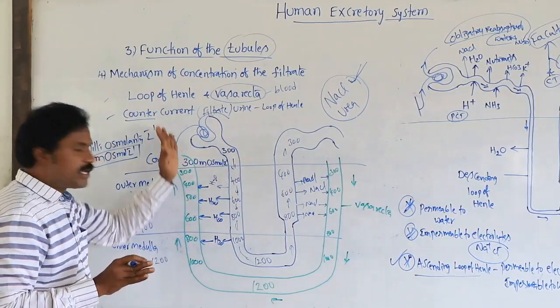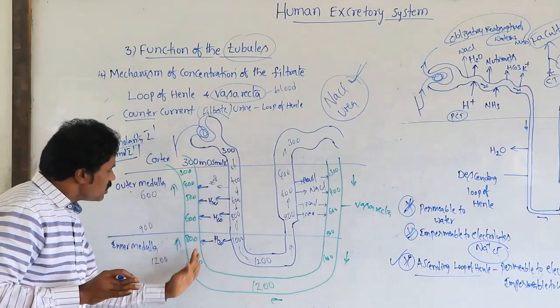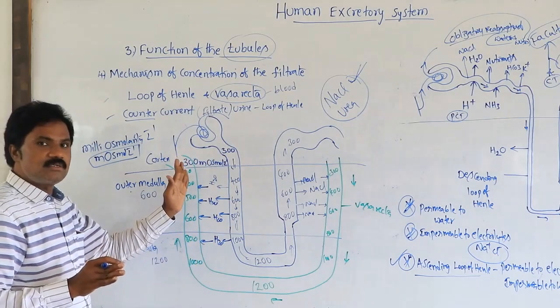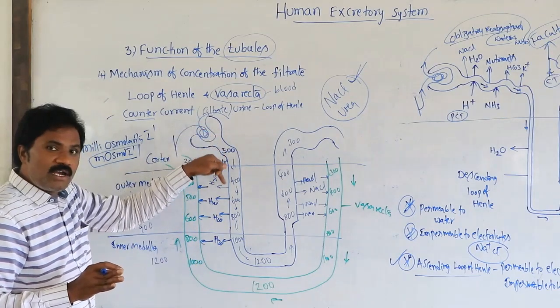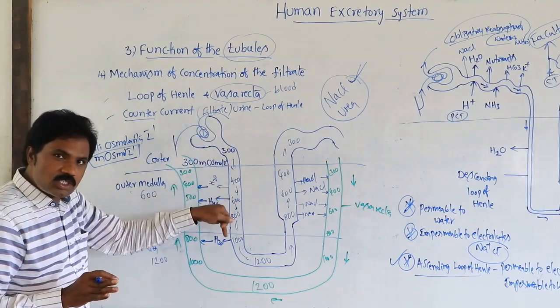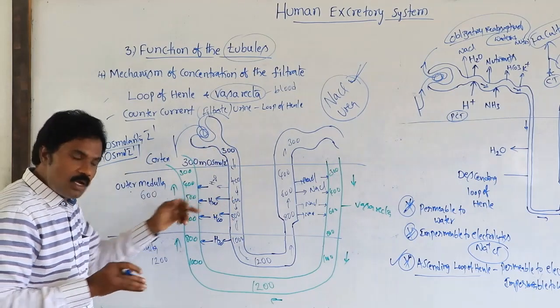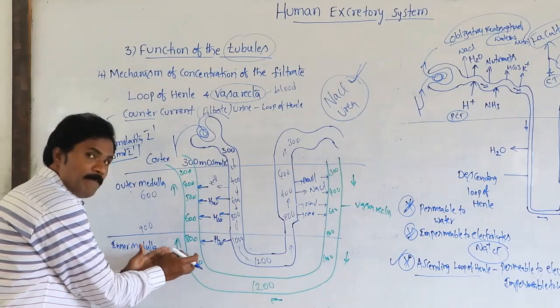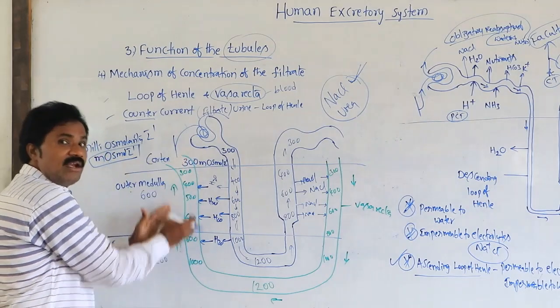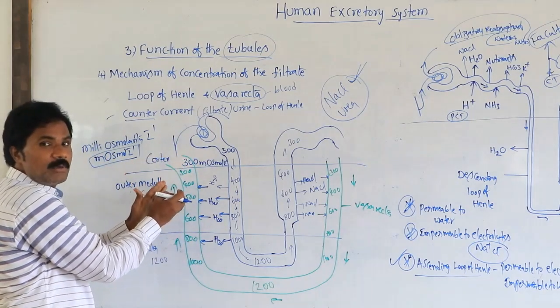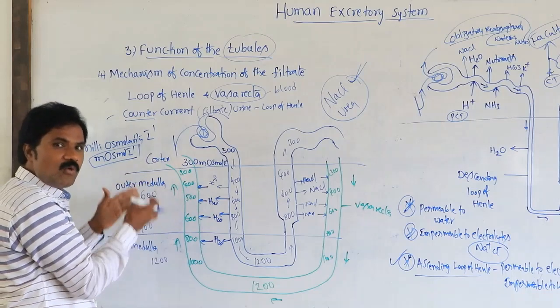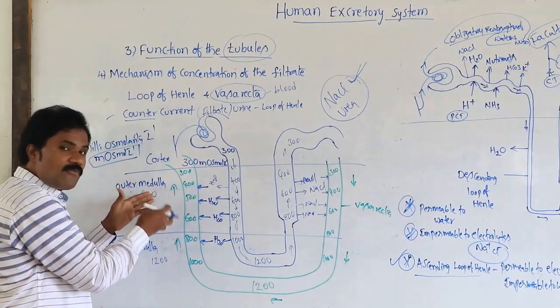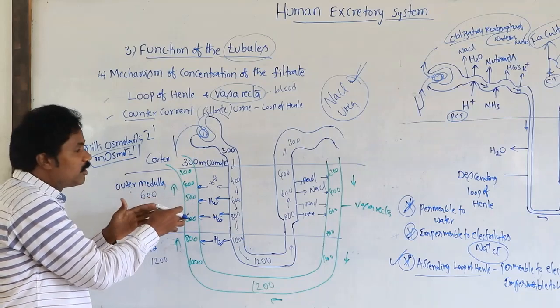This is the opposite direction. Where it increases here, it decreases there. Understood? In the loop of Henle towards the downward direction, towards the medullary region, it increases. In the vasa recta, from the medulla towards the cortex, it decreases because of dilution, because of reabsorption of water.